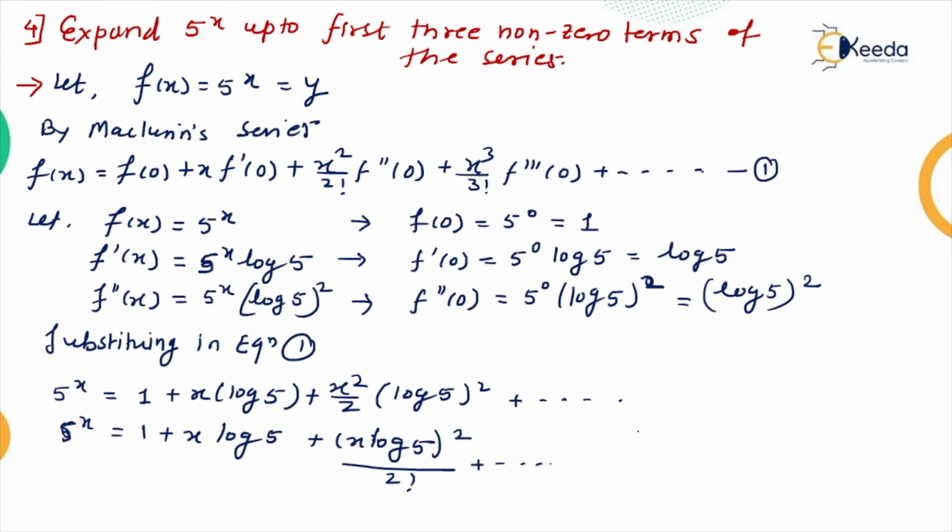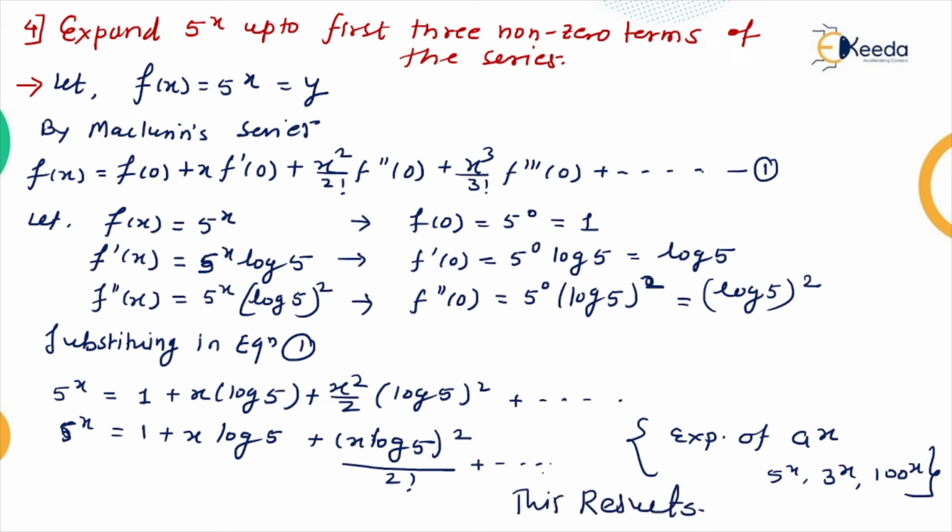By using this expansion, you have to write the expansion of a raised to x, so you can calculate 5 raised to x, also 3 raised to x, and also 10 raised to x. So this is your answer, this is the result. Understood? This is the expansion of 5 raised to x, and it is very easy to understand, right?